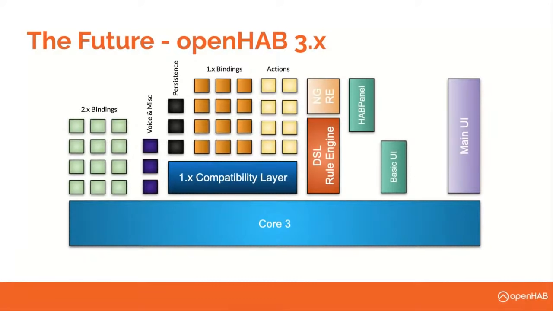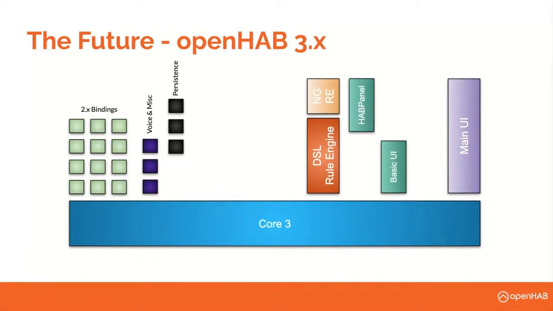We also have the actions, which are now in the bindings themselves, so they are contributed by bindings because they often are linked to certain devices and you need access to them in order to provide the action. So all of that were more or less outdated concepts. And that's why we also decided to remove the complete compatibility layer with the support of the old add-ons here.